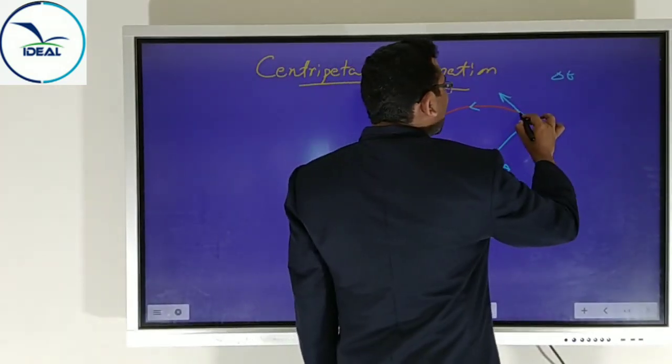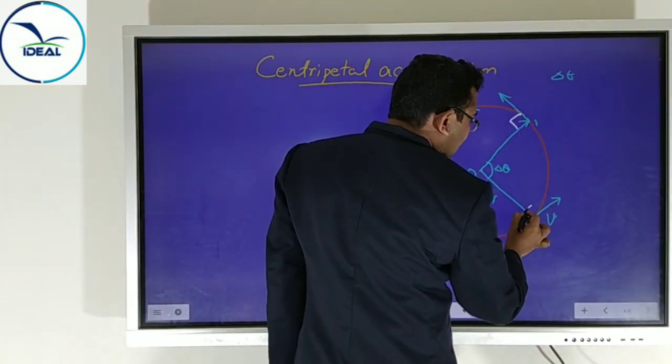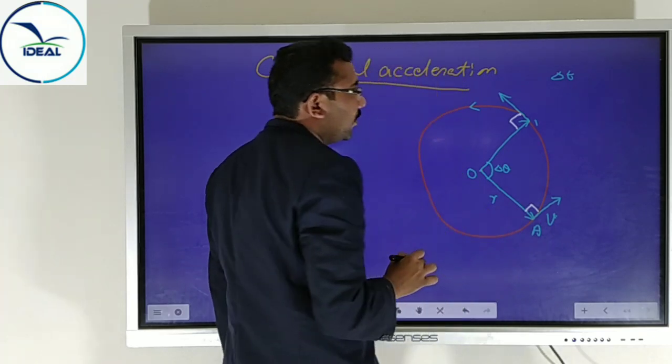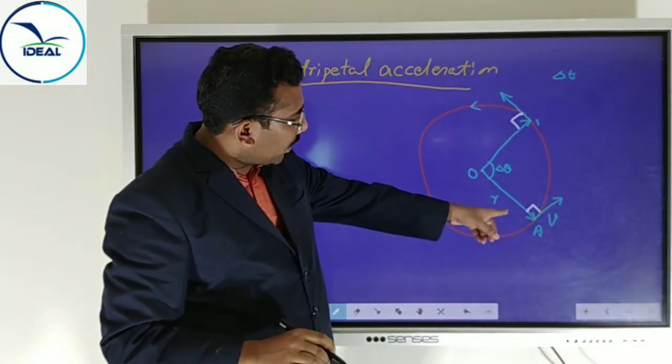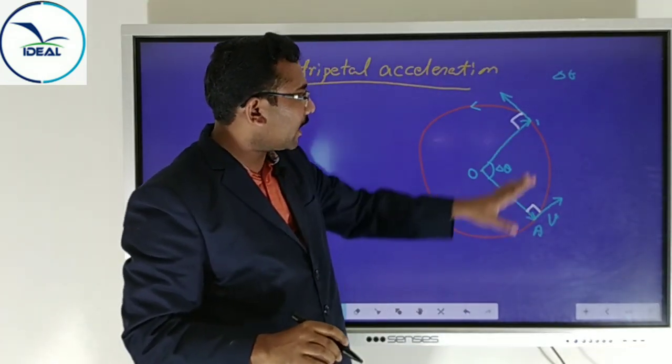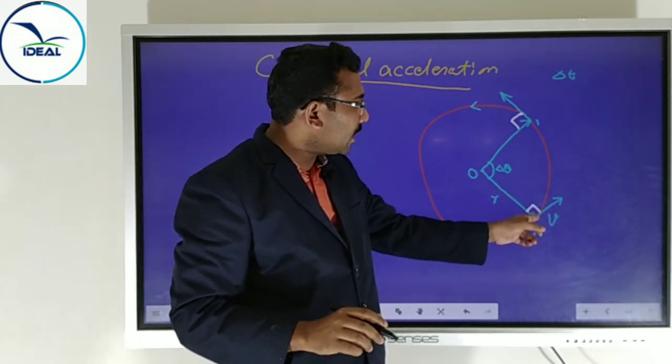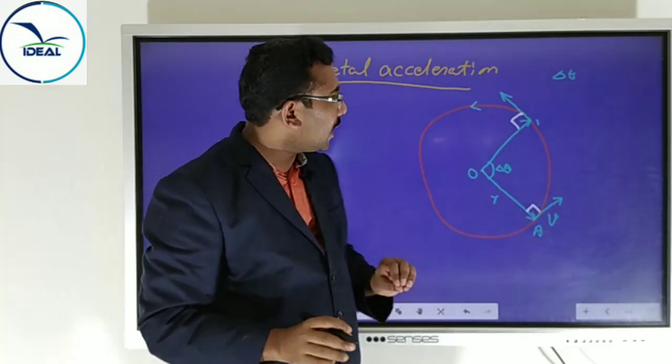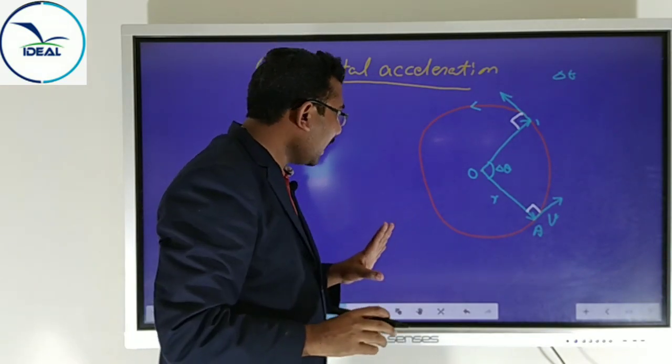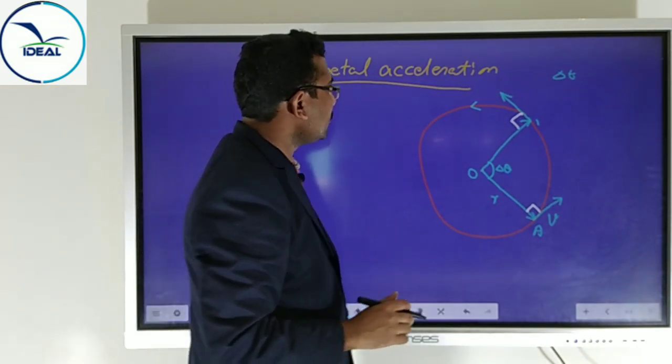The tangent is always perpendicular to radius. So if you draw the figure, you note the point. This angle 90 degree, this angle 90 degree. Then only this radius and this tangent become correct.